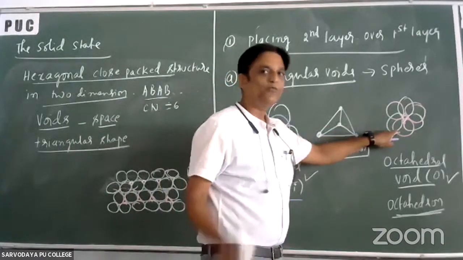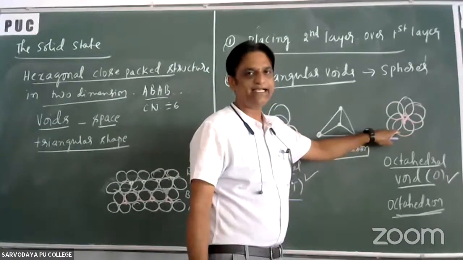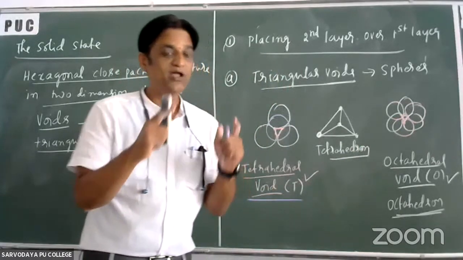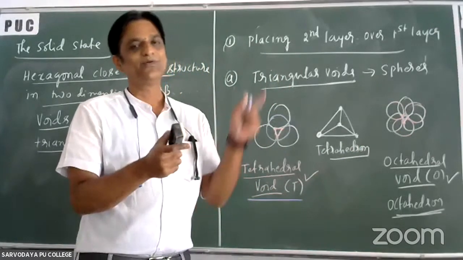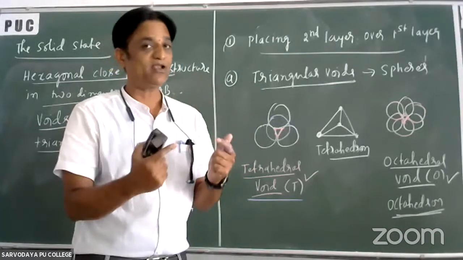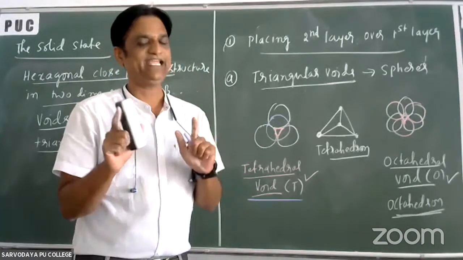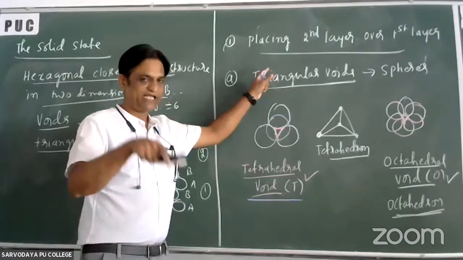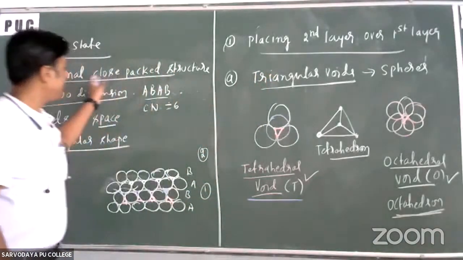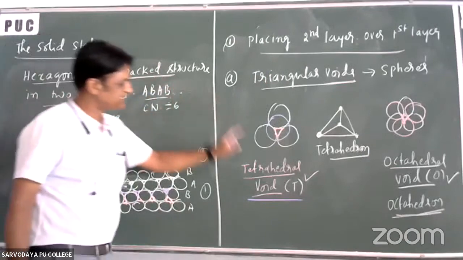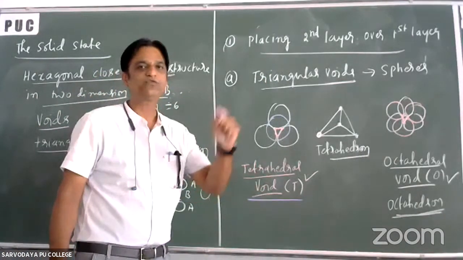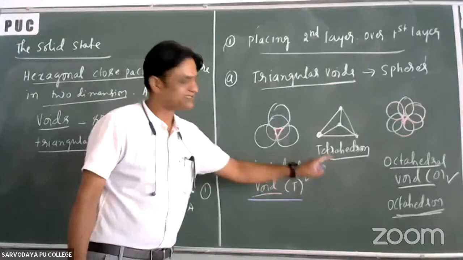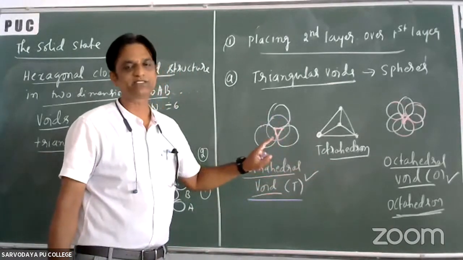Similarly, octahedral voids are generated when the triangular void of the second layer covers the triangular void of the first layer. So when the second layer is placed over the first layer in a hexagonal close packed structure, 2 types of voids are generated: tetrahedral voids and octahedral voids.